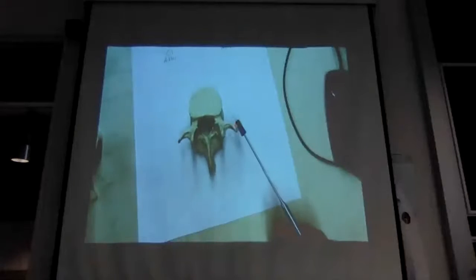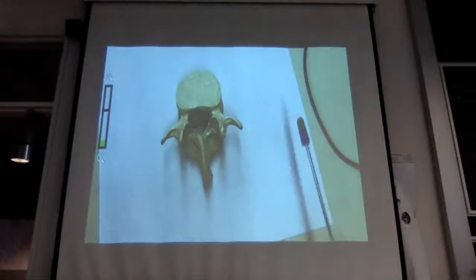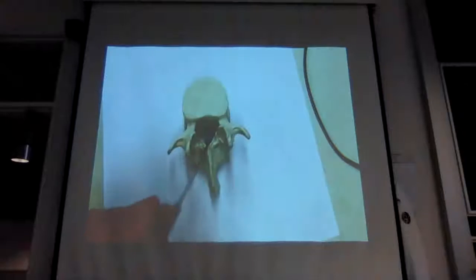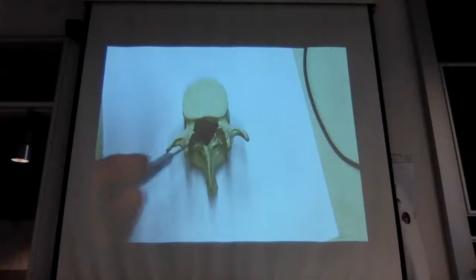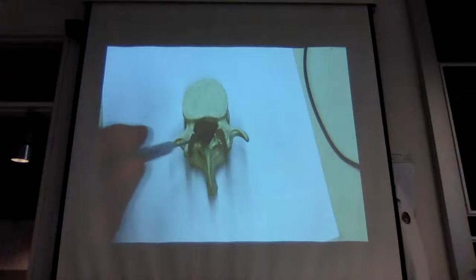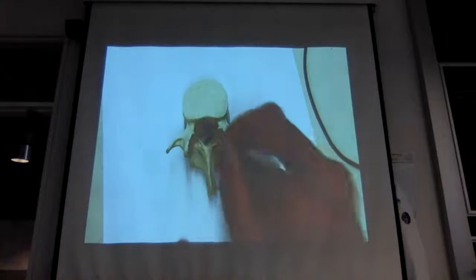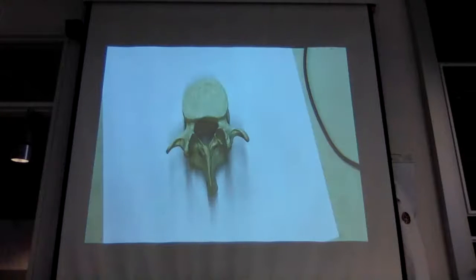These are transverse processes. What do you call this in the center? The arch is the bone. This is the arch. This is the vertebral canal or vertebral foramen.